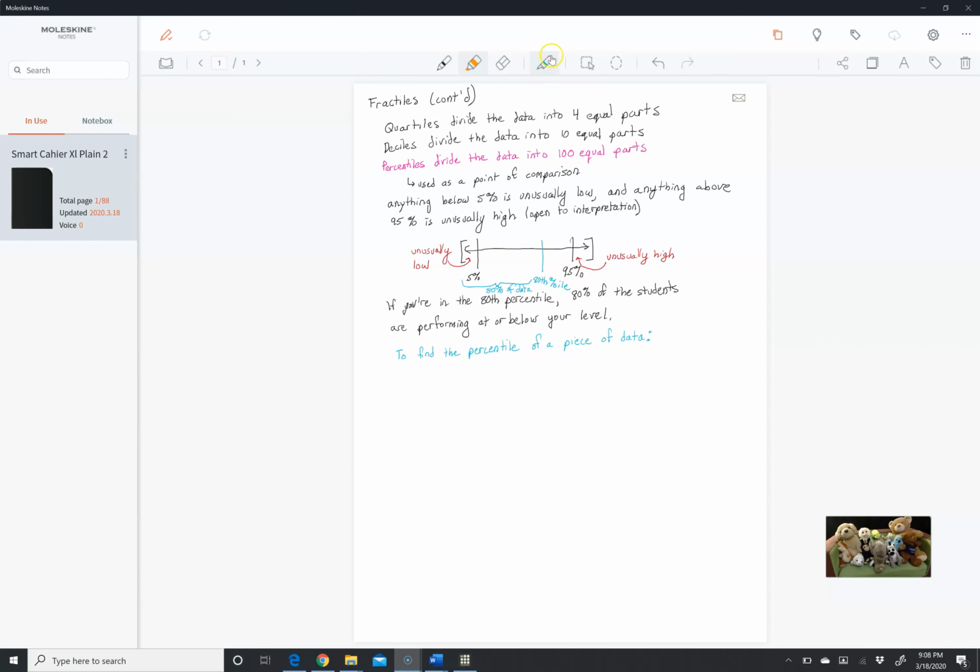Okay, so to find that percentile, we would say the percentile of X. So remember, X represents any piece of data. And what we do is we say this is the number of pieces of data less than X, over the total number of pieces of data.